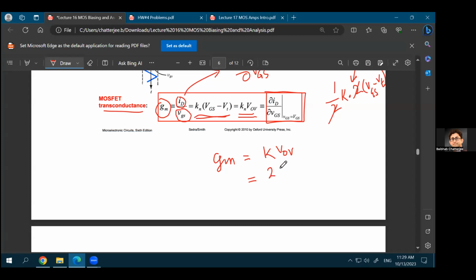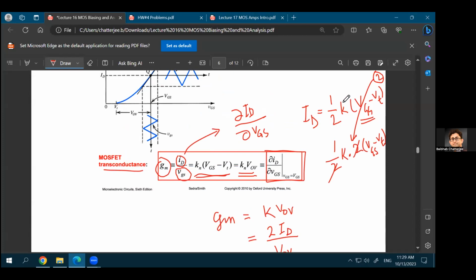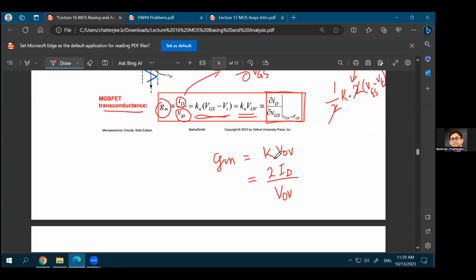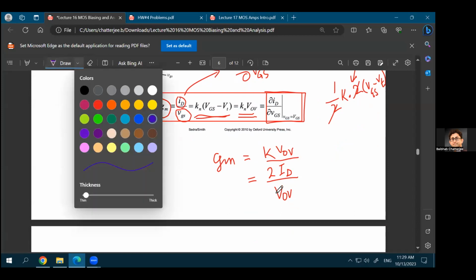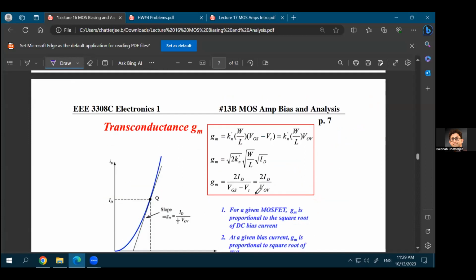So if I take 2 times current and divide it by overdrive, that would still be K times overdrive, because in 2 times current the half goes away, this will be K times overdrive squared, and if I divide it by overdrive, I get K times overdrive. So gm is equal to K times overdrive, which is also equal to twice ID divided by overdrive.